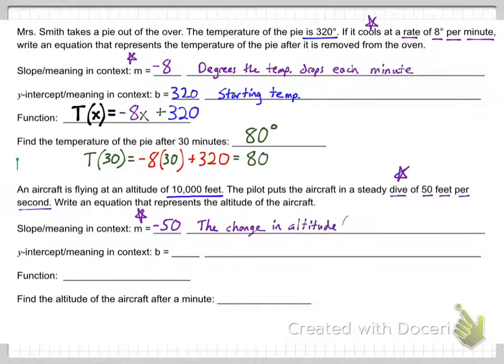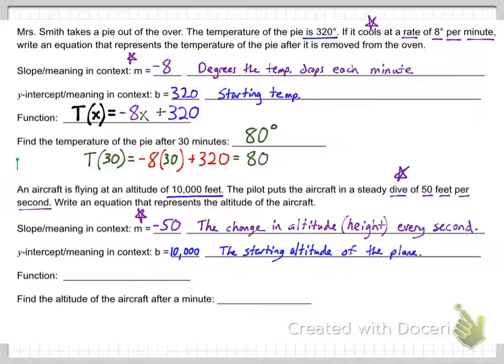So the change in altitude is what that -50 represents. In other words, the height every second. The 10,000 is the starting height, or the starting altitude of the plane. So our function is going to be A of x equals -50x plus 10,000.